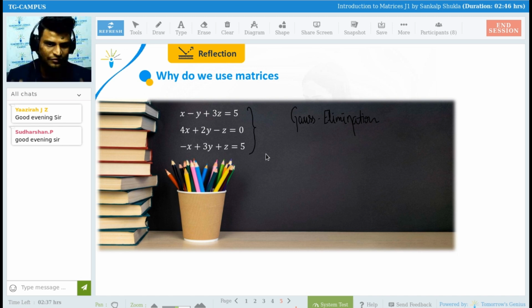But it is a very lengthy process: we reduce the three equations into two equations, and then solve them using the same old elimination or substitution. The time complexity of Gauss elimination is very large, it consumes more time. So if we want to solve a system of three linear equations, we can do it using the matrix method. That is one prominent reason.